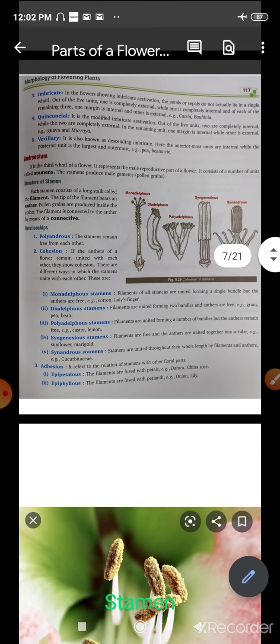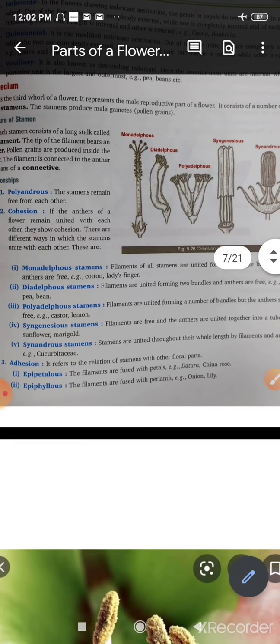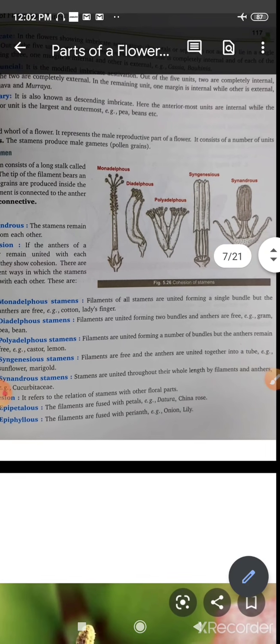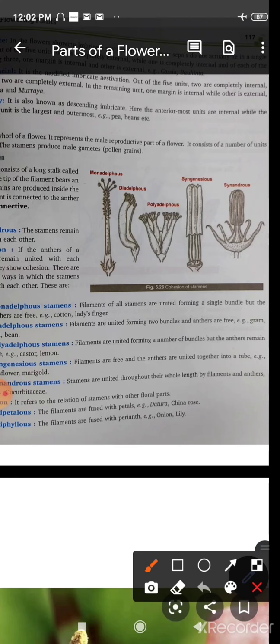Let's see. The first type is monadelphous stamens, where the filaments of all the stamens are united, forming a single bundle. If you look at this, all the filaments are united, forming one single bundle, but the anthers are free.